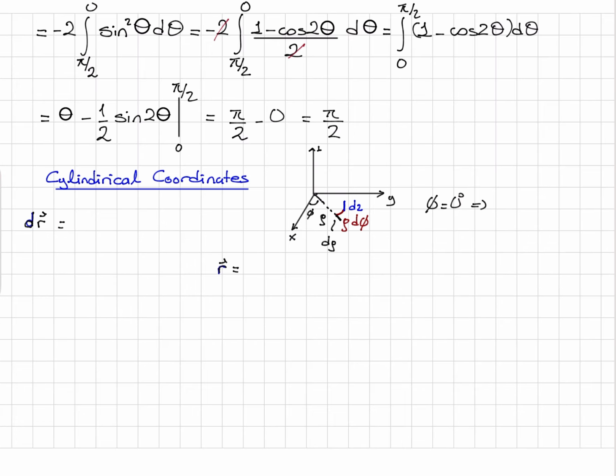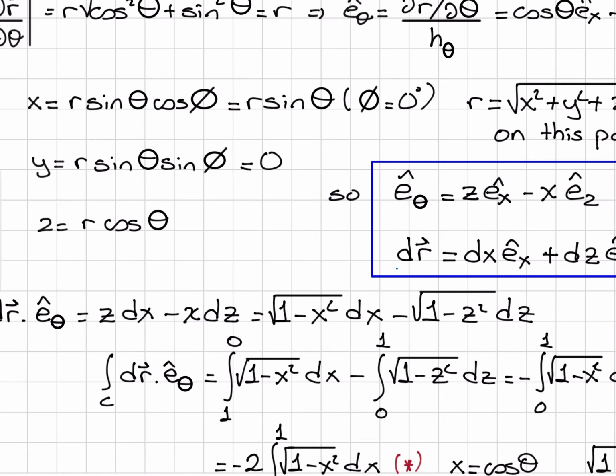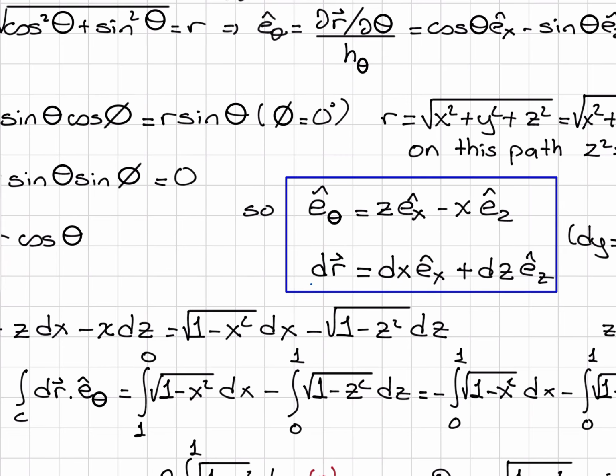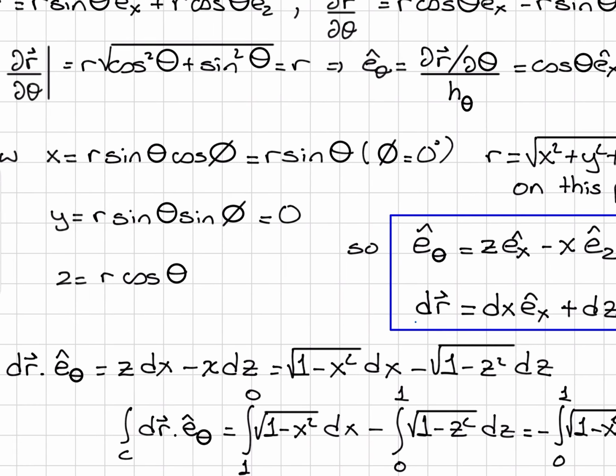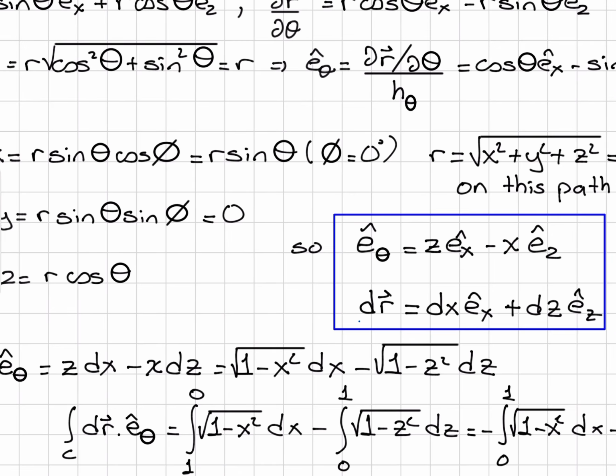So I have to check the signs here to make sure that I did it correctly. Okay, so for dr dot e theta hat, I had z dx minus x dz. All right. So for minus sine theta, I have substituted minus x.